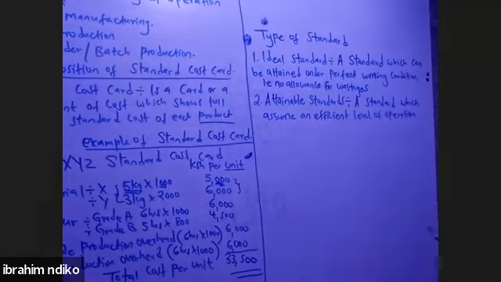So we say a standard which assumes an efficient level of operation, but which includes allowance for normal losses.